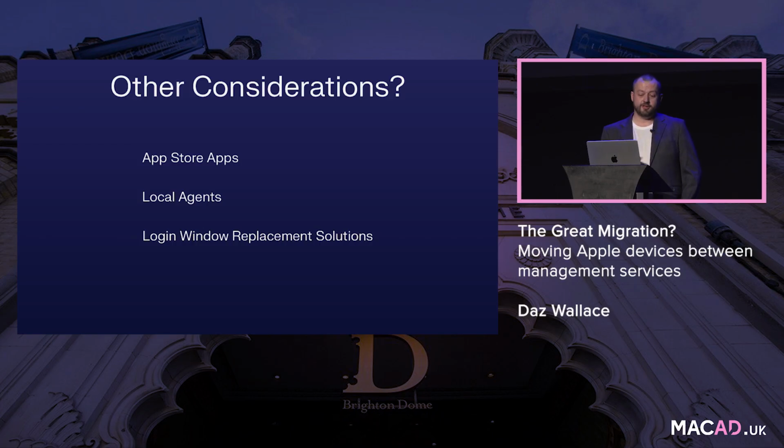The migration feature does have a nice option to preserve apps and their data, but you need to ensure that your destination solution, A, supports this, and B, that you have the necessary configuration for that device that includes assigning a license for that app. Obviously, if you're not assigning an app license to the device in the new solution, the app's just going to get removed as if you didn't deploy it at all.